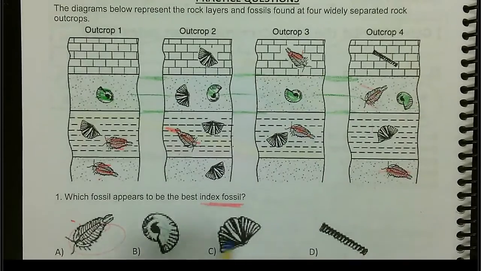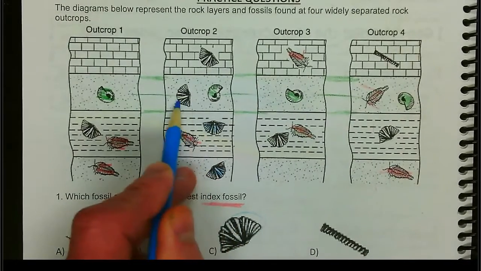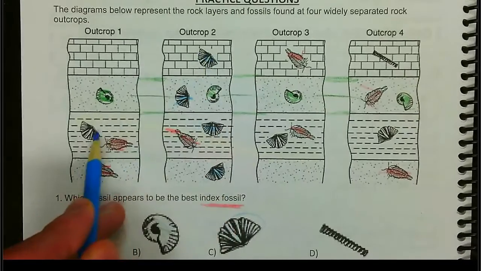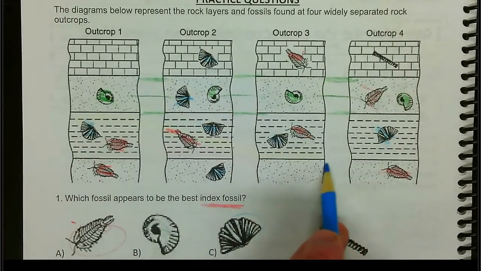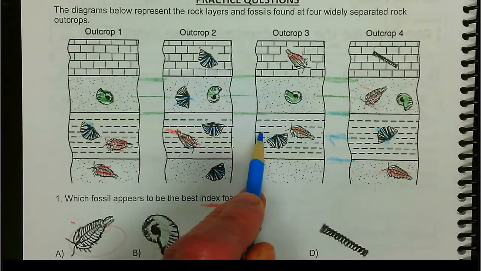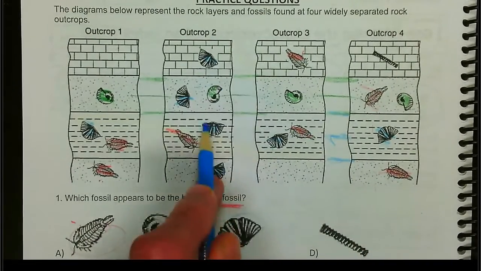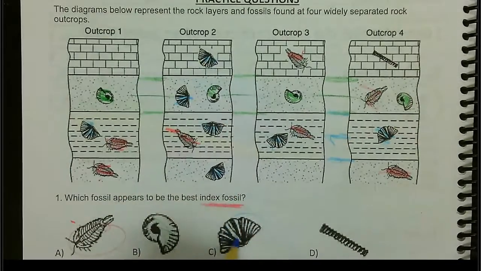If I look at the other choices, I've got this shell fossil that I do find in all of the outcrops 1, 2, 3, and 4. And it looks pretty good because it might help me match these layers up. But I'm not sure if this matches to that one or to that one. I don't know where it matches. It didn't live for a short period of time, at least definitely not in outcrop 2.